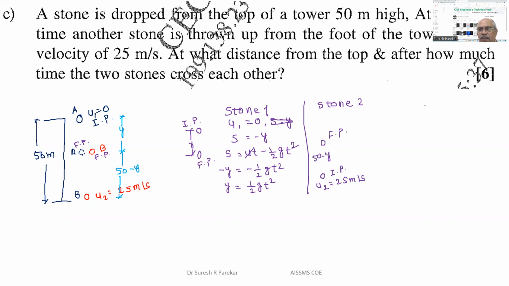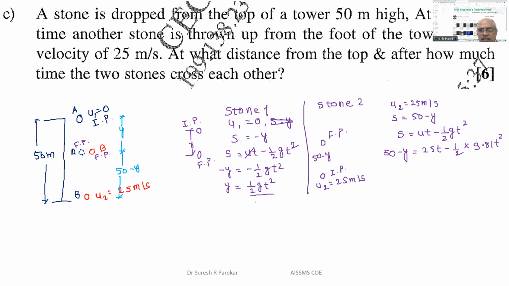Now the final is up, therefore we have u2 25 meters per second, and s we have 50 minus y. Now if we write the equation, ut minus half gt square, s we have 50 minus y, equal to 25t minus half into 9.81 t square. Now why do we have half gt square?